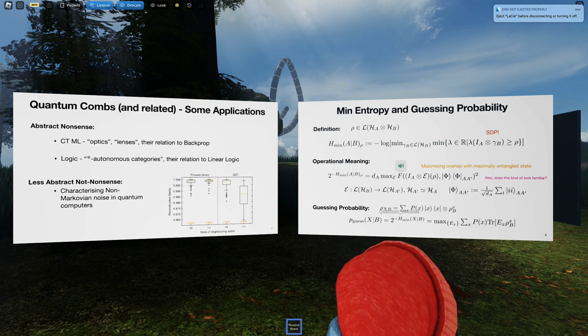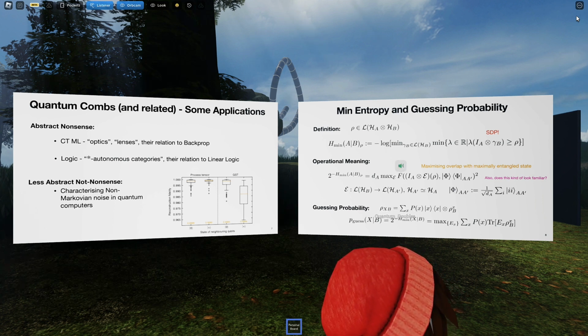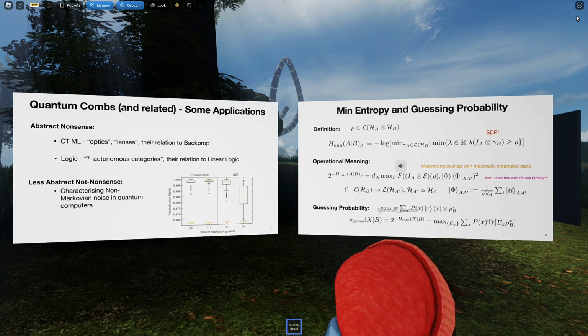The intuitive way of understanding this entropy is given in the second half of the slide. It has some relation to the maximal overlap: we have our state rho, and we're maximizing over CPTP maps E acting only on HB, mapping to another system A prime, such that the identity map tensor with E applied to rho has the maximum overlap with the maximally entangled state.